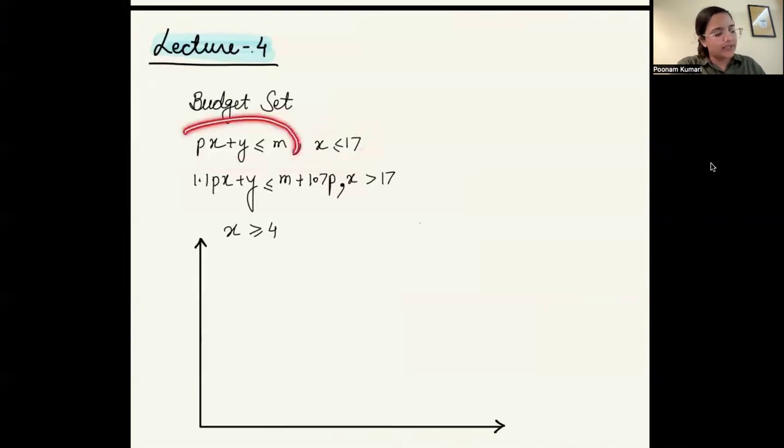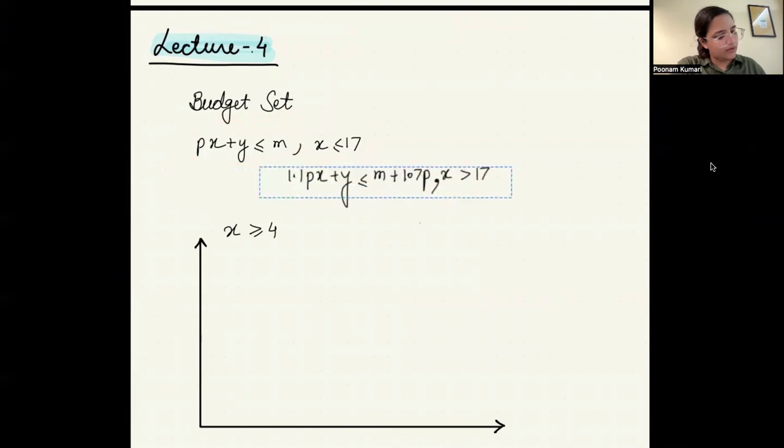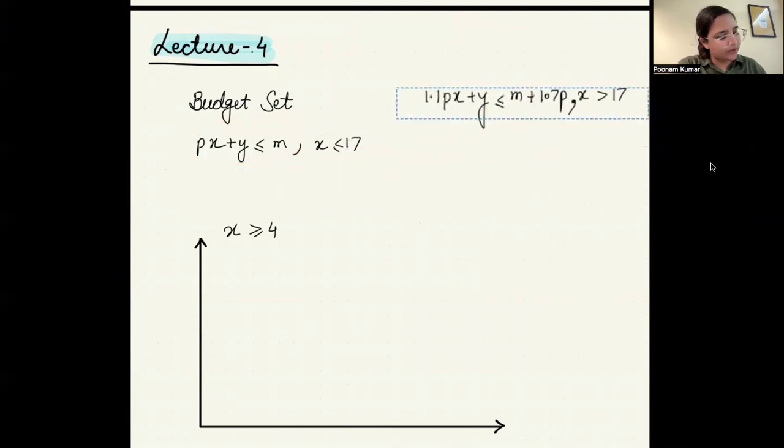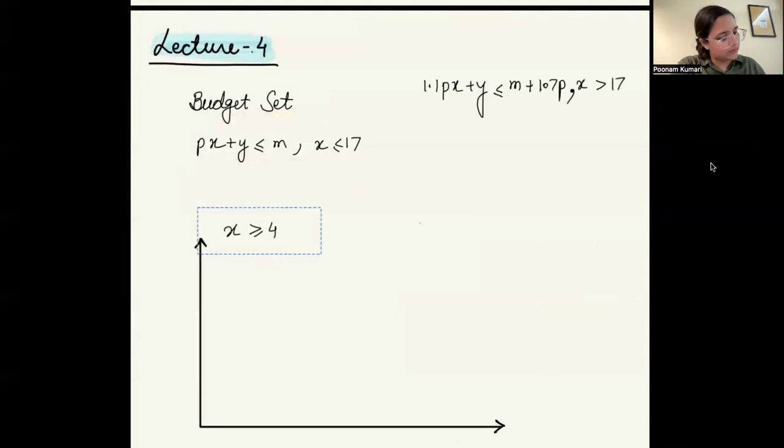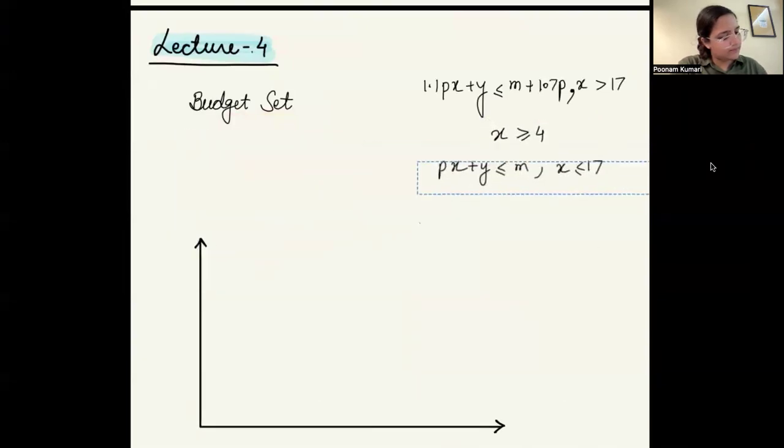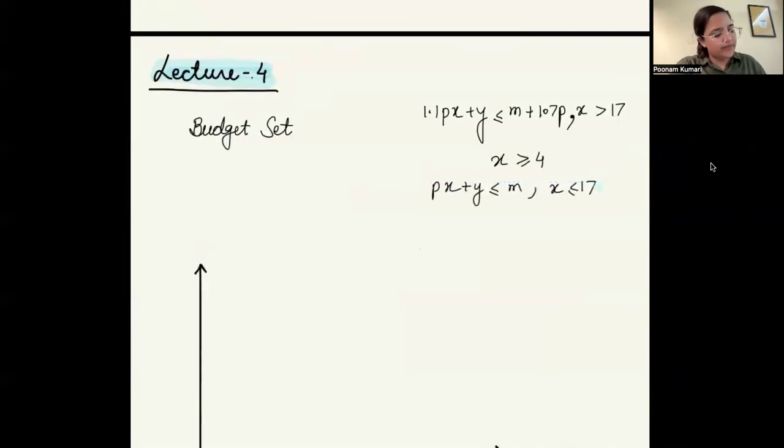So what would be the budget line if this is the equation? If you only have this part, how will you draw the budget line?